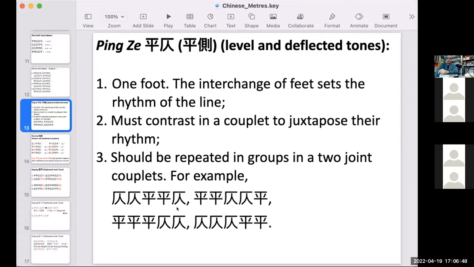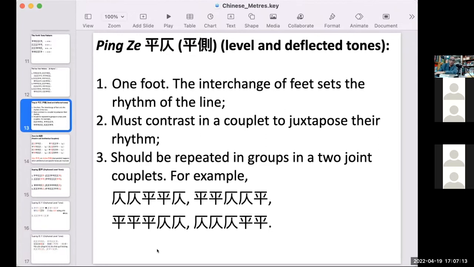But the second couplet is the same. Here we have to notice that the second line of the first couplet has to match, at least in the second syllable, the first line in the second couplet, meaning the second line in the whole poem and the third line in the whole poem.